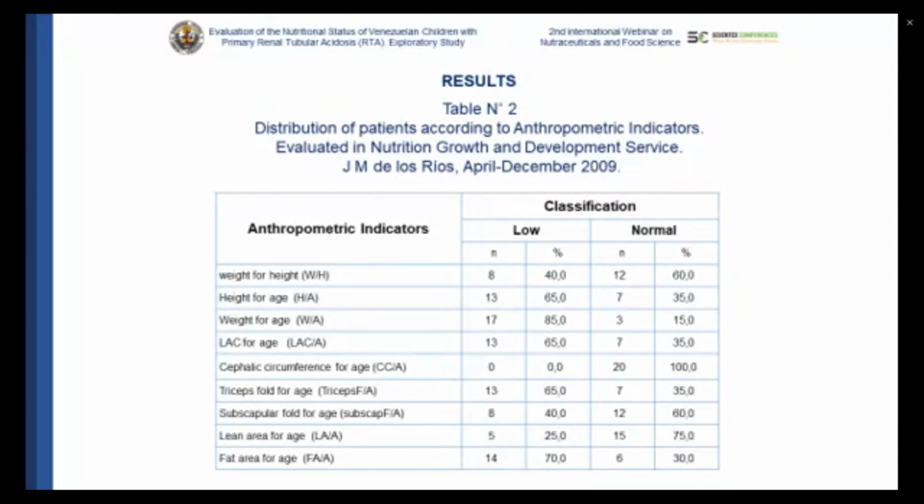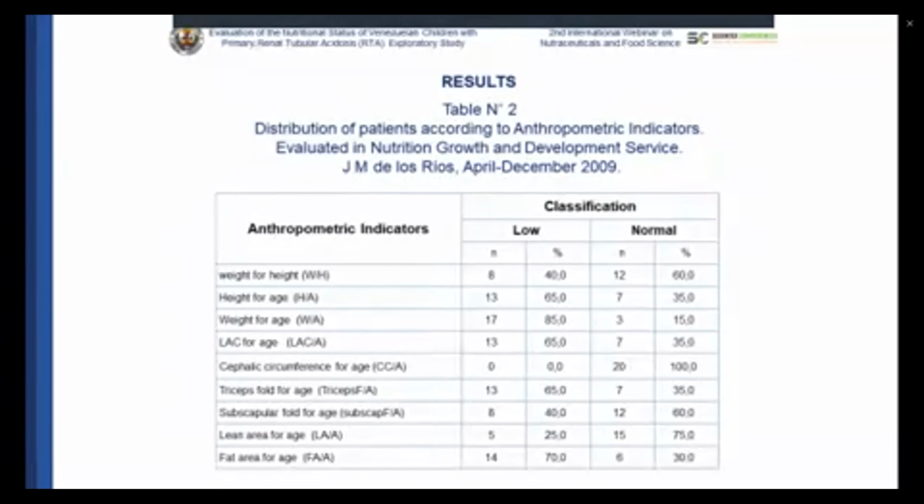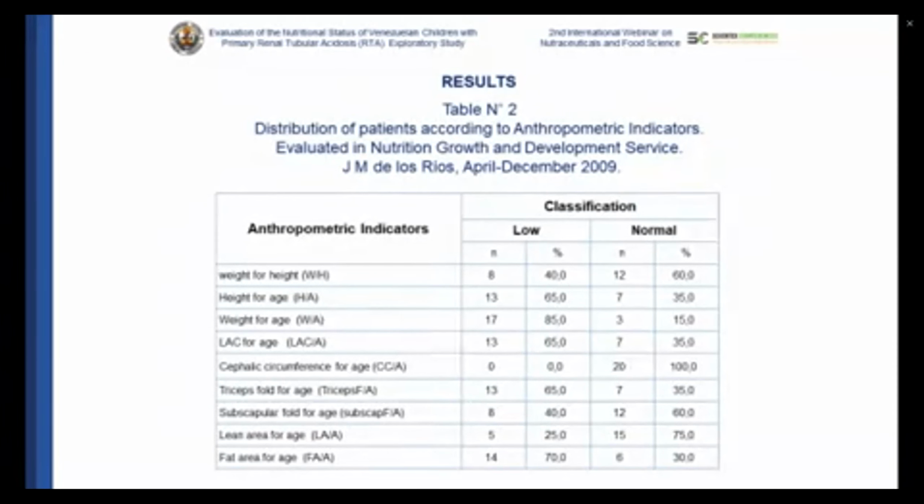On the other hand, in relation to the scapular fold, 8 of the studied cases presented a low fold, while 12 cases presented an adequate fold. Like the triceps fold, this is an indicator of body composition that shows a low caloric reserve.